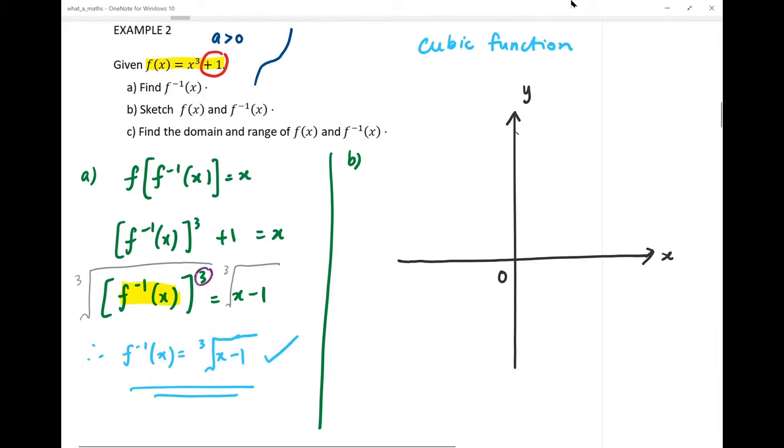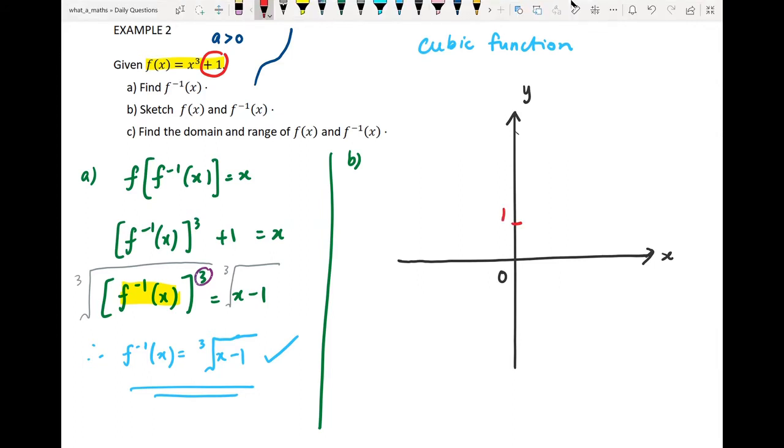Here I have my point 1, and my graph will look something like this. Don't forget to label your graph: f(x) equals x cubed plus 1.